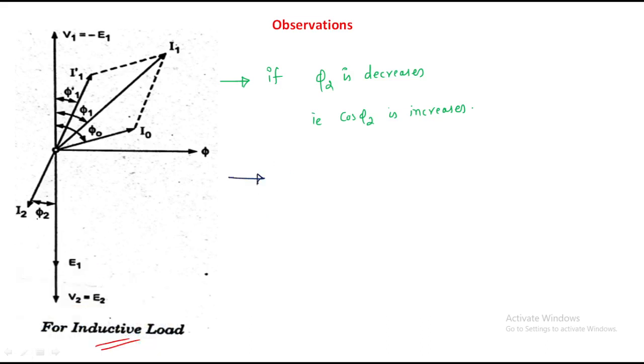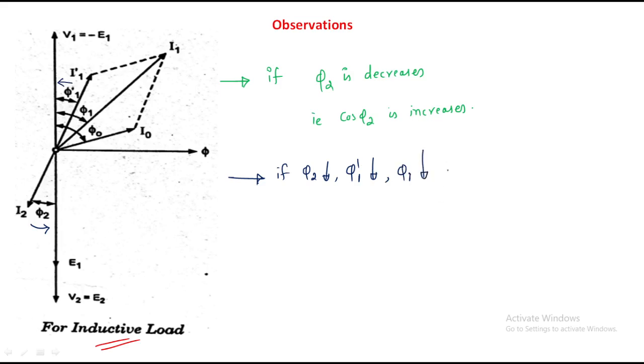If phi 2 decreases, phi 1 dash also decreases. See, from this phasor diagram, if phi 2 decreases like this, obviously phi 1 dash should decrease, right? If phi 1 dash decreases, what will happen to phi 1? Phi 1 also decreases.